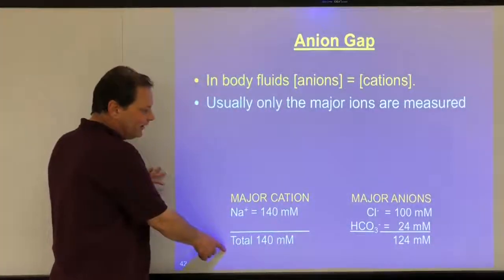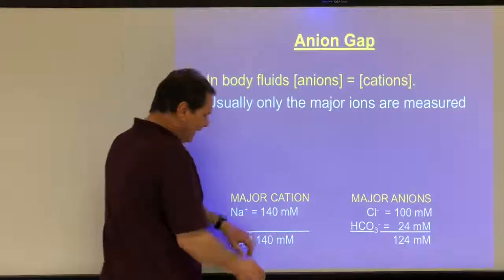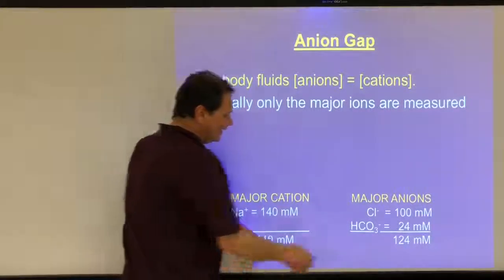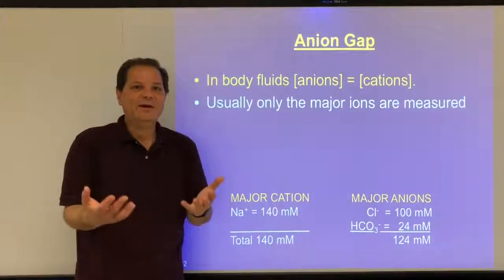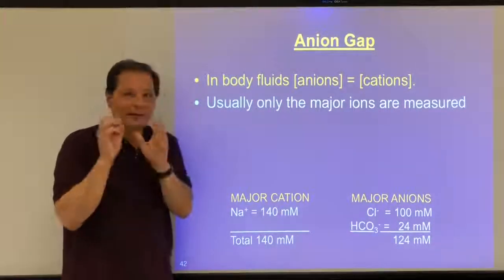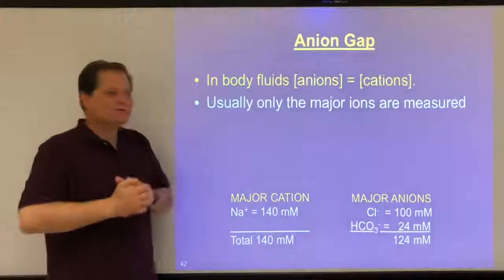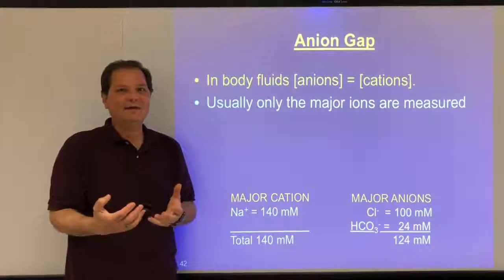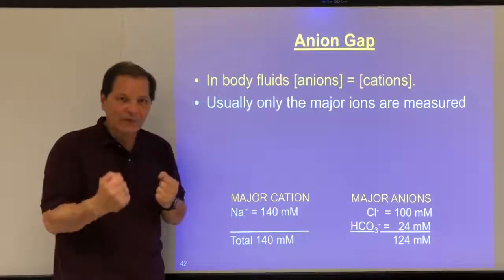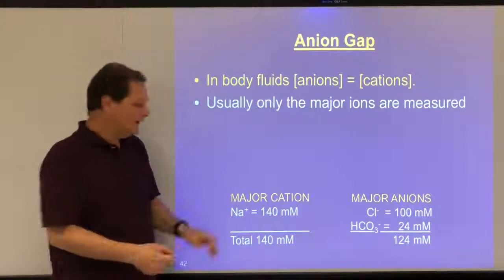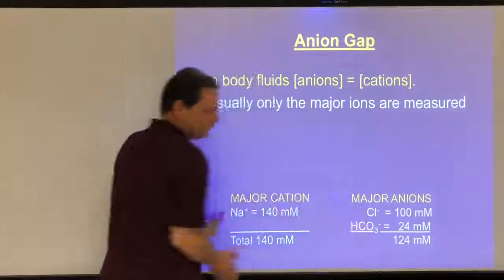The sodium is 140. So there is an apparent gap between your cations and your anions, but note that it is an apparent gap. It's not a real gap, because you're not measuring all the anions and you're not measuring all the cations. If you did, the two numbers would be equal, but they're not. These are just the commonly measured ones.